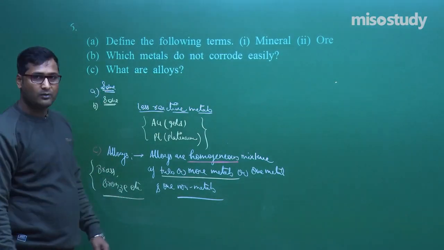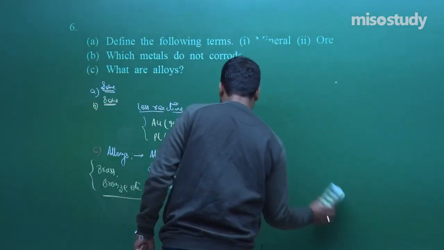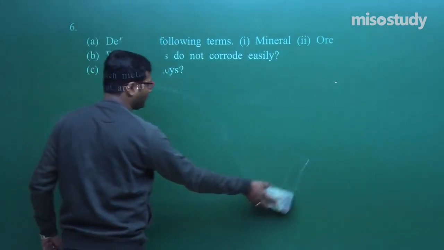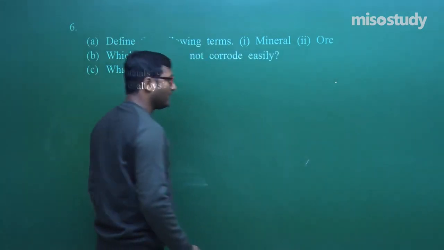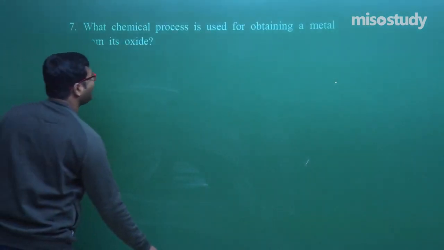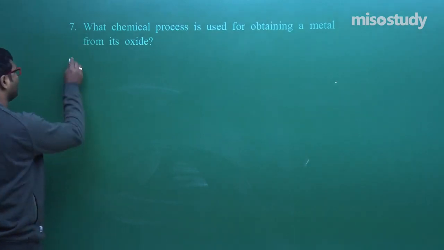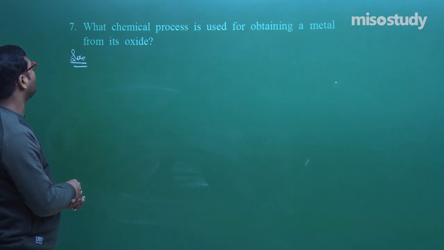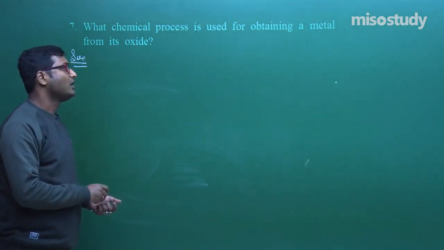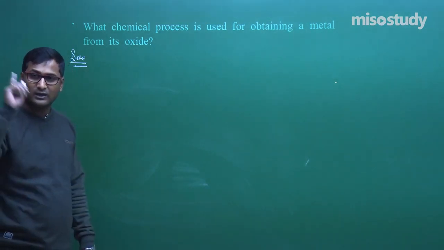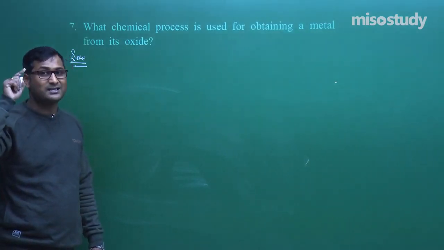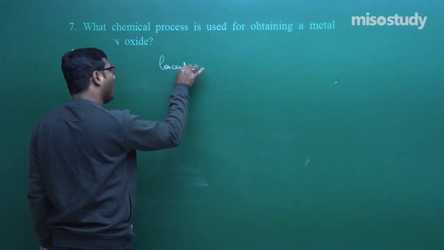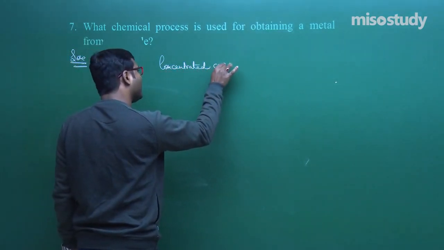Clear? Now let's move to the next question. What is given in the next question? Let's check it out. Now question number 7. Write the chemical processes used for obtaining a metal from its oxide. That is the third process. First one is grinding and crushing. Second one is concentration of ore. Remember? Yes.